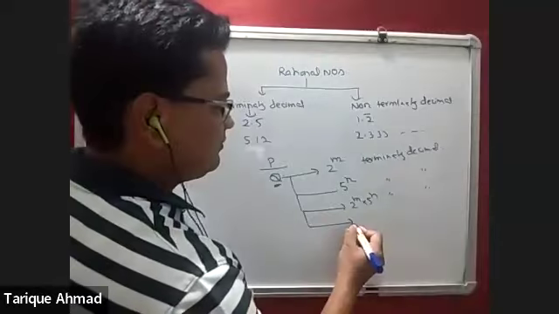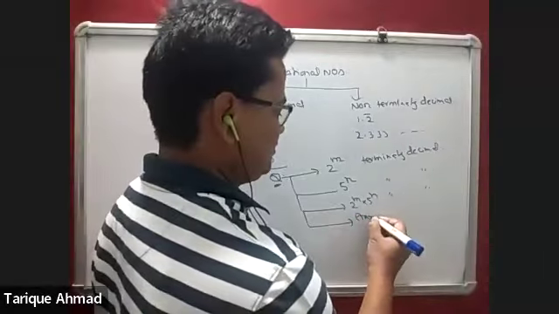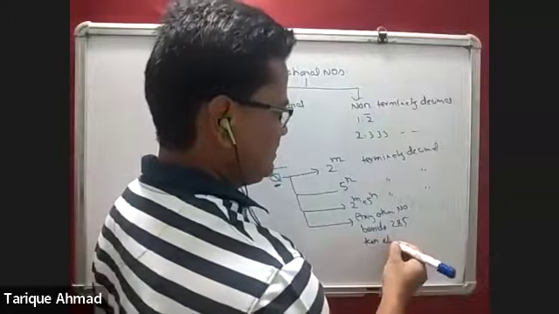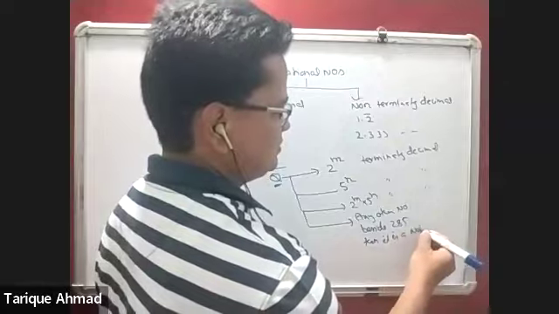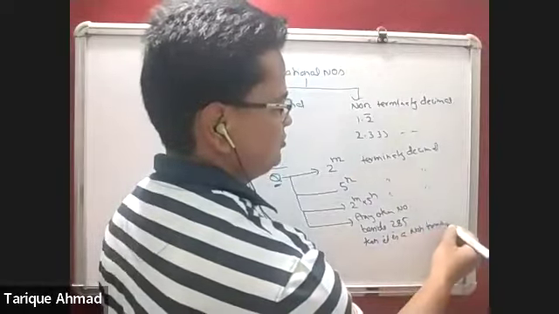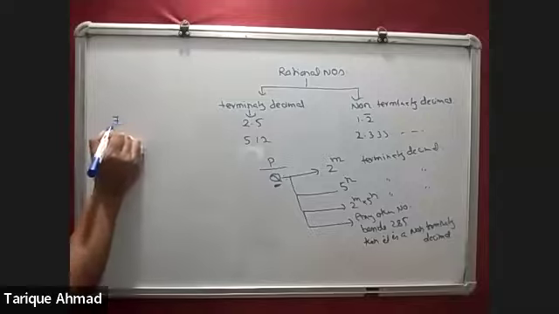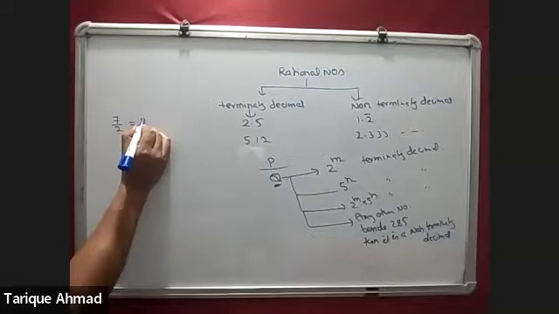But if it contains any other number beside 2 and 5, then it is a non-terminating decimal. See by example, suppose I am writing 7 by 2. It contains only 2. When we divide, we can write 3.5.